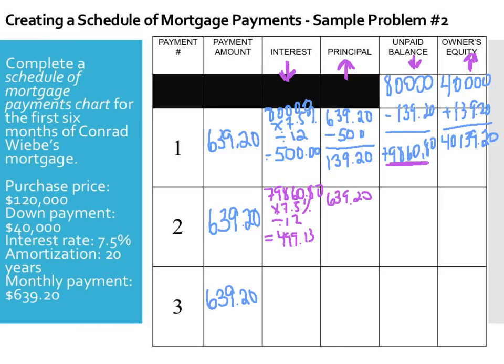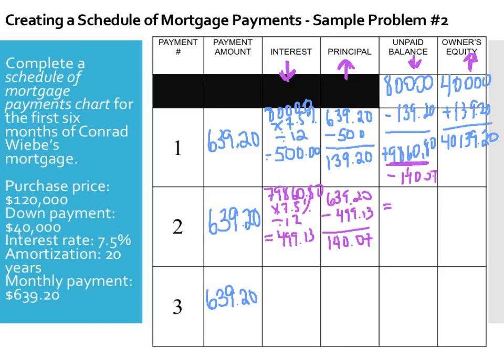Our new principal, again, we subtract: 639.20 minus the 499.13 gives us 140.07. To find our new balance, we take the previous month's unpaid balance and subtract 140.07.